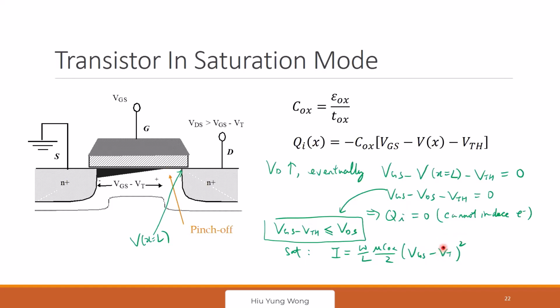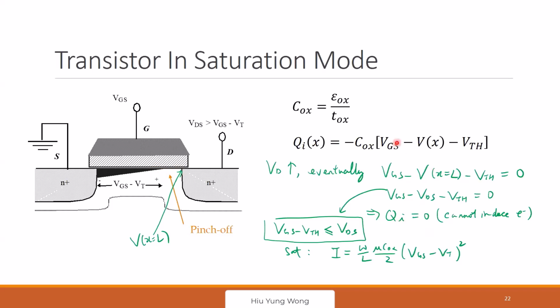The only thing I want to remind you is to have the concept: when it is in saturation, there's no electron here. And why I want to do that, again, is related to the capacitance we're going to derive later. So you cannot just say, I know the saturation equation, without understanding that you don't have any charge here.